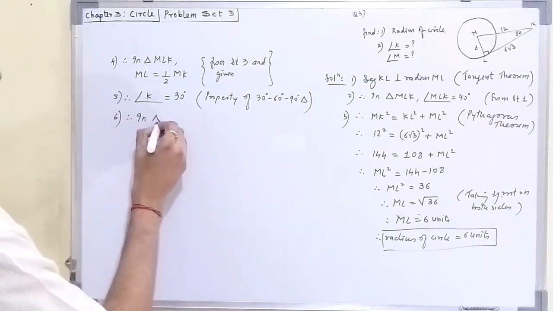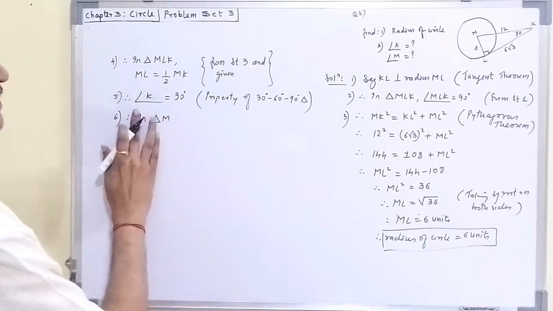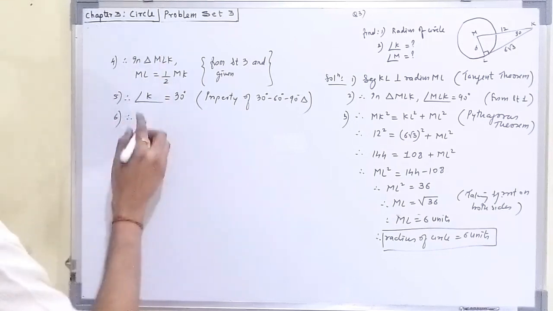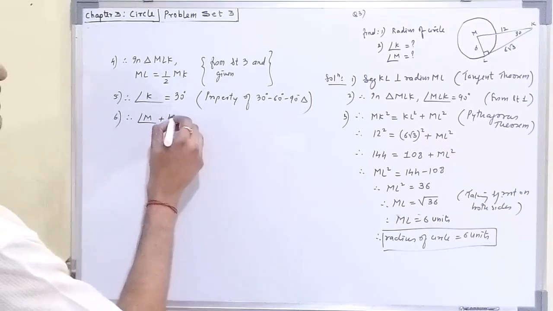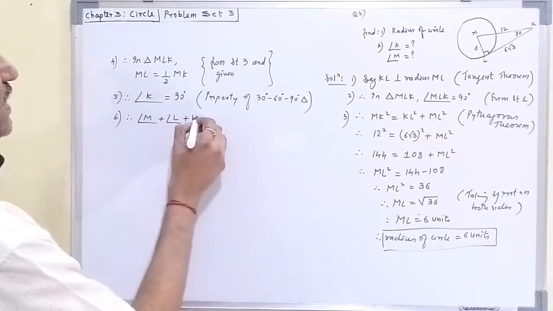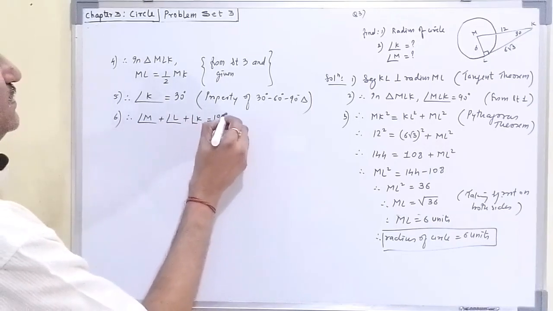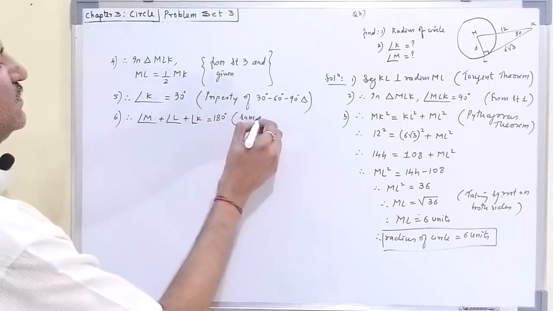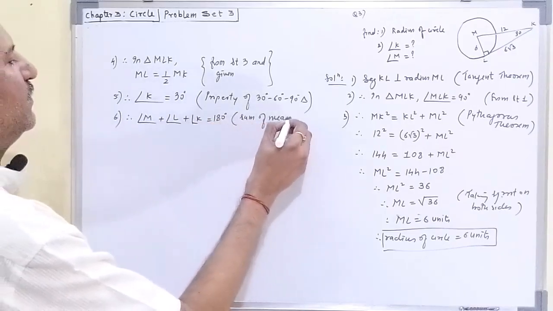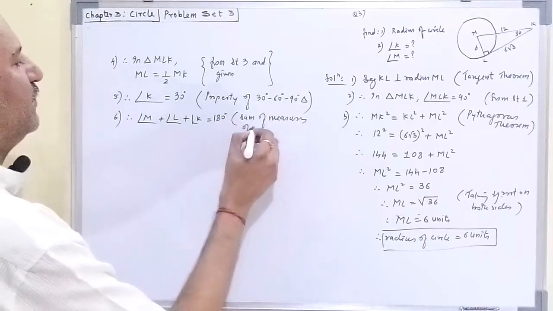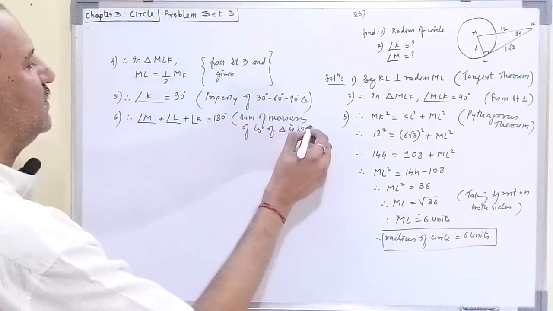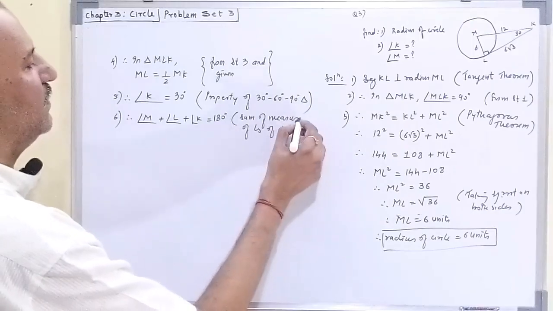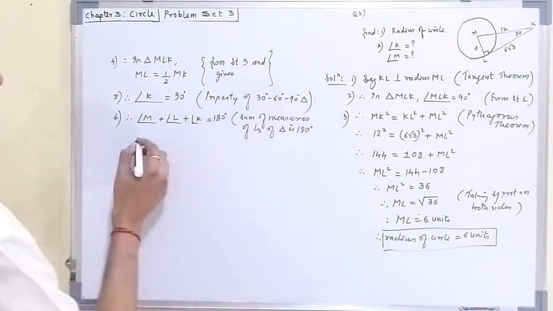Therefore, in triangle MLK, continuing here, angle M plus angle L plus angle K equal to 180 degrees. Sum of measures of angles of triangle is 180 degrees.